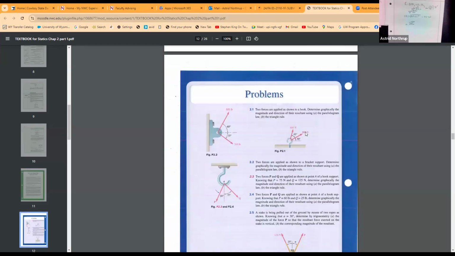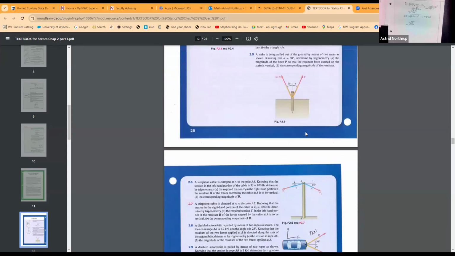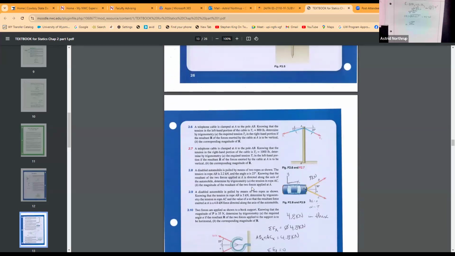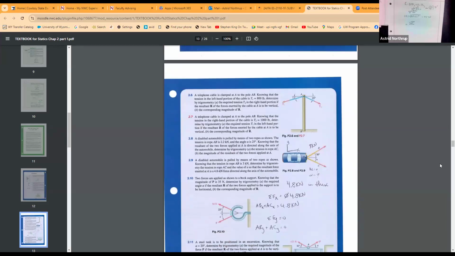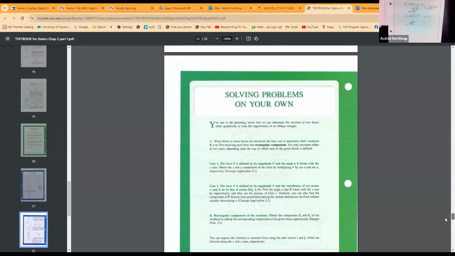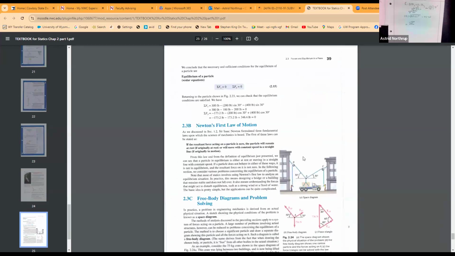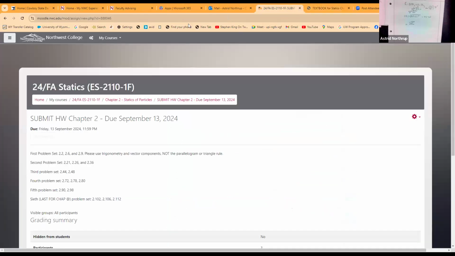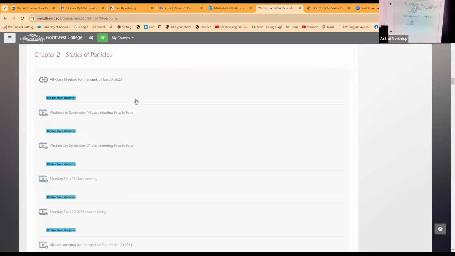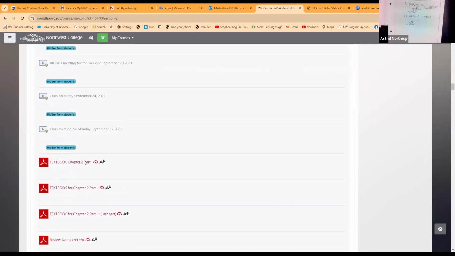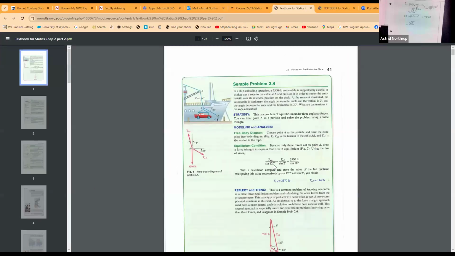And then there will be some problems. So the first homework problems, which go through 2.9, are right here in this section. But if you go all the way down, you'll see that there's some more homework problems going up to problem 242. But to get to problem 243, you would have to go to the second part of that textbook. So textbook chapter 1 part, chapter 2 part 1, you'd have to go here, and then the continuation of the chapter would occur there. All right.